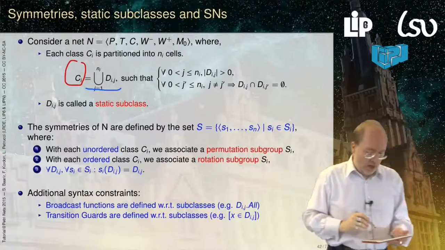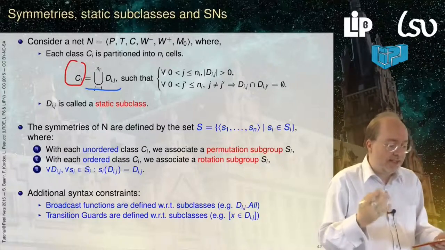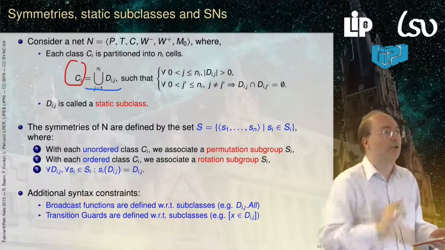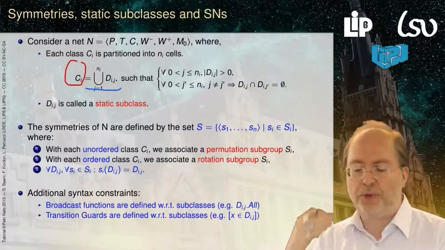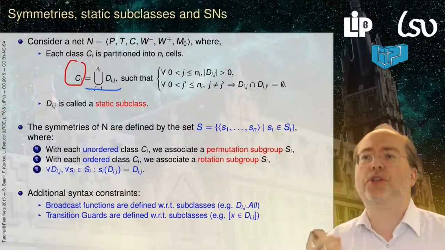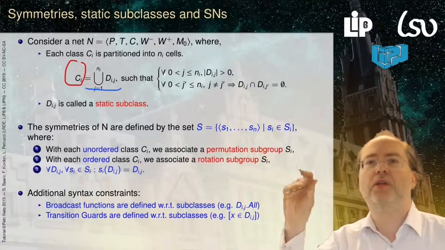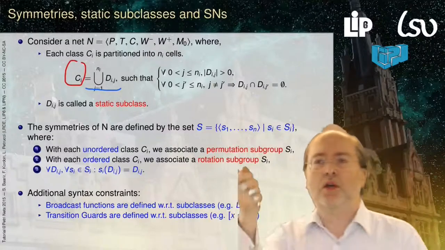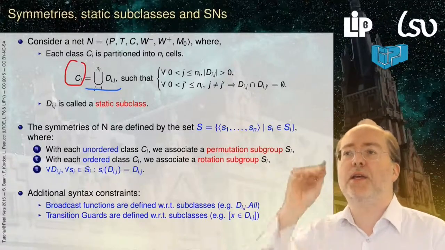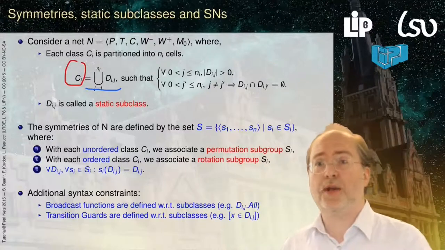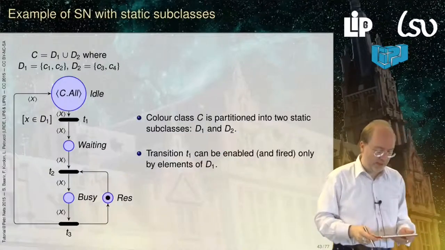So basically symmetries are defined by these subdomains, and within these subdomains you have a permutation group that will ensure that if you have a symbolic state within this subclass, any component of this subclass has the same behavior. So this is the basic idea.